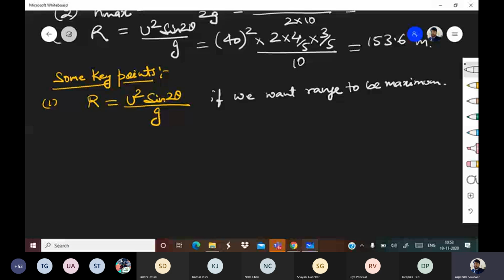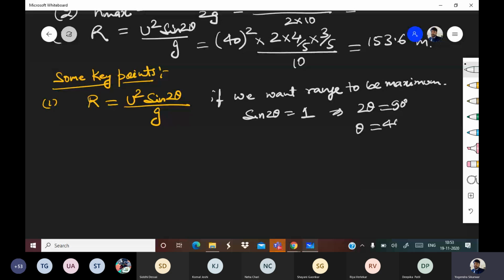The maximum value of sine 2 theta will be 1, because the maximum value of any sine is 1, correct? So sine 2 theta should be equal to 1. That means 2 theta should be equal to 90 degrees. That means theta is equal to 45 degrees.